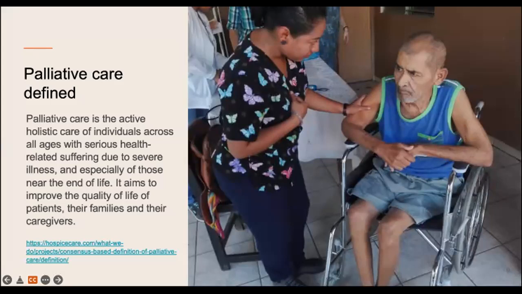It aims to improve the quality of life of patients, their caregivers, and their families. It's not just for cancer, it's for all ages, and it addresses serious health-related suffering in a holistic way for as long as it takes. So for more information, please see the definition on the website.